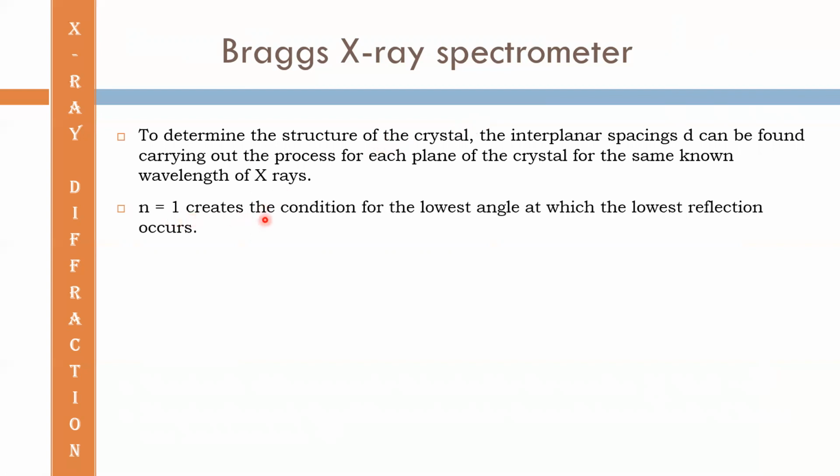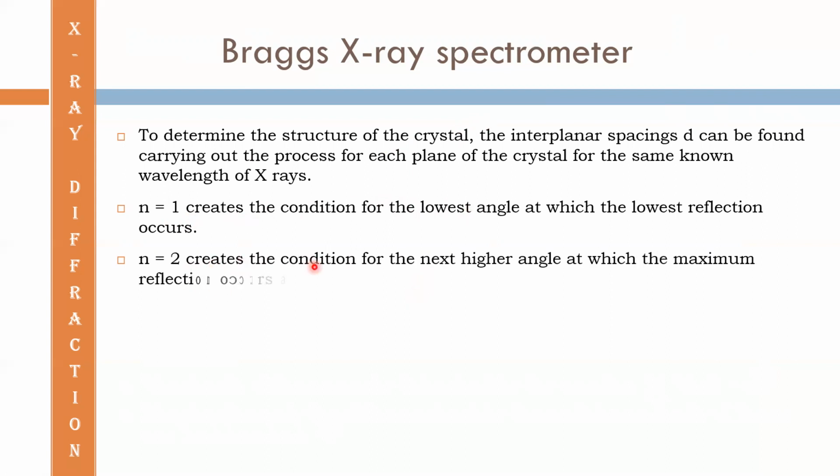n equal to 1 creates the condition for the lowest angle at which the lowest reflection occurs. n equal to 2 creates a condition for the next higher angle at which the maximum reflection occurs. Thus, we have for n equal to 1, 2d sine theta 1 is equal to lambda.